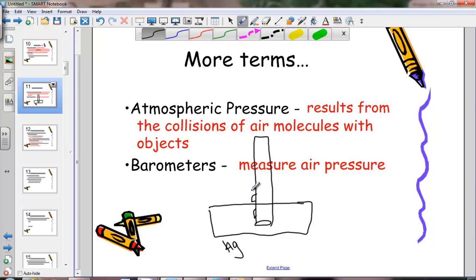I place a meter stick, just graduations as I go up. And the meter stick could be inches if you live in America. Generally, you're looking at a metric system, so it's a millimeter measuring this meter stick. Air pressure is the push down on the surface of this beaker, holding the liquid mercury.